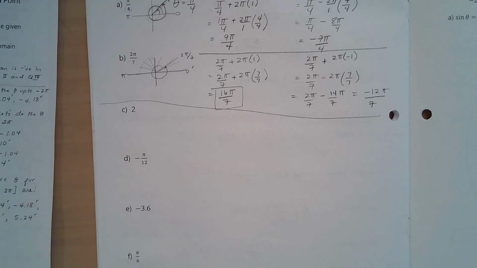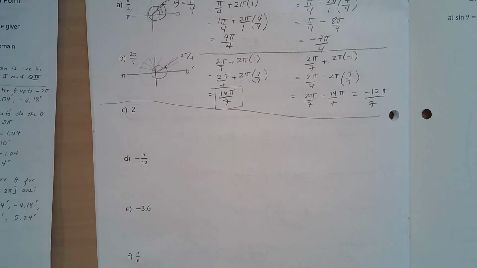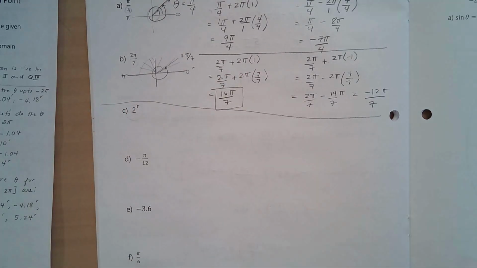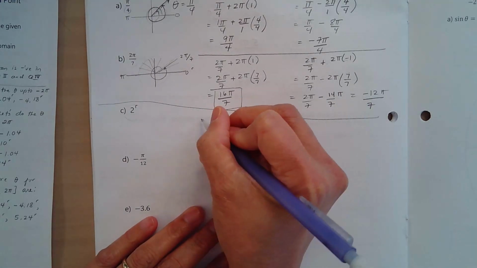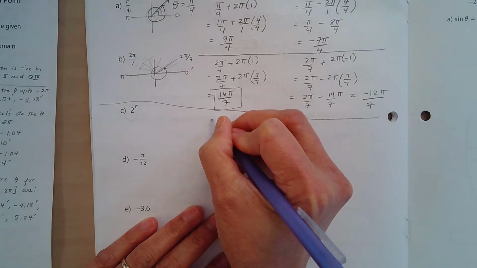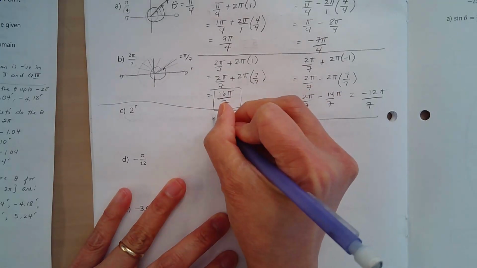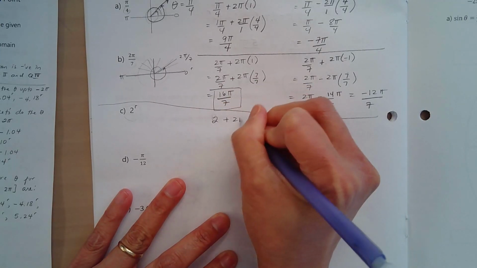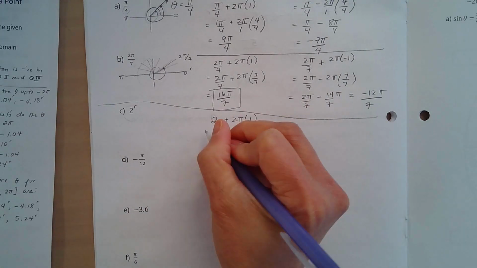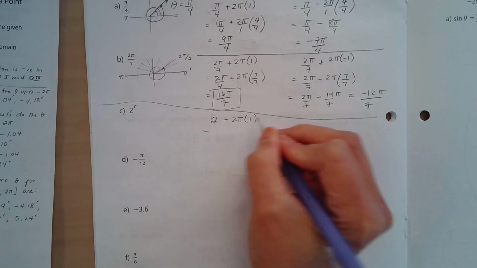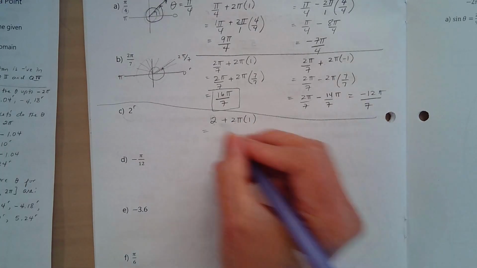Okay, so this one is for letter C. 2. Okay, that means 2 radians. So how can we do this? Two radians, so not pi, 2, so use the pi's. 2 plus 2 pi times 1, that's 1 positive rotation, is equal to 2 pi plus 2.